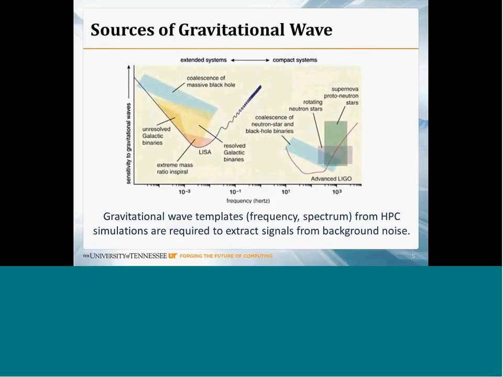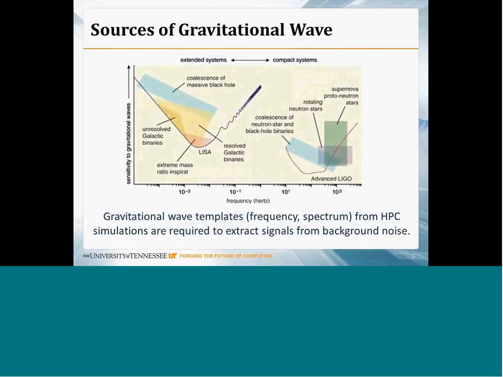One of the difficulties in detecting gravitational waves is that they are very, very weak, and it's only recently that we have equipment advanced enough to be sensitive enough to detect these kinds of gravitational waves. These are a few of the strongest sources of gravitational waves.